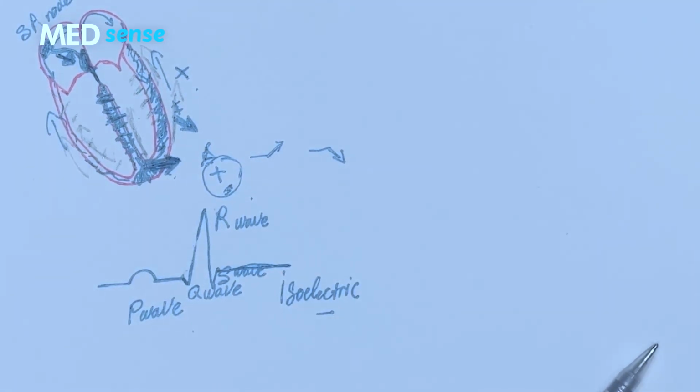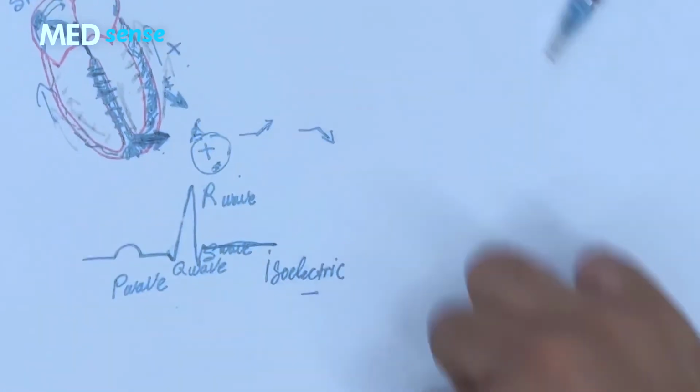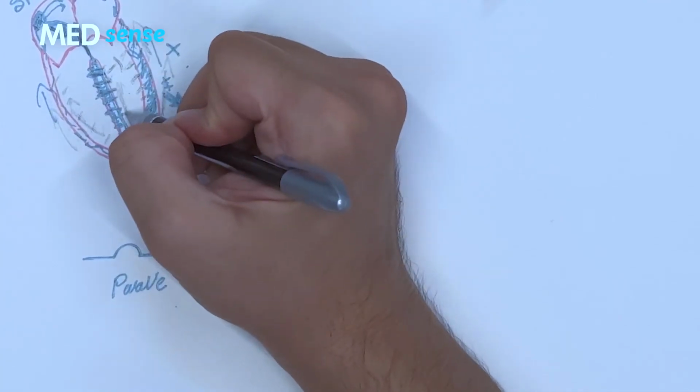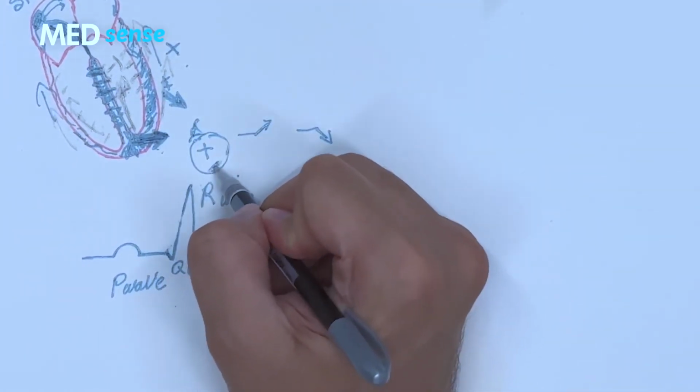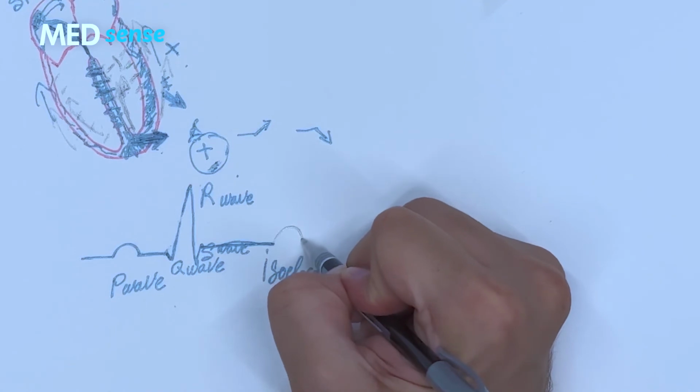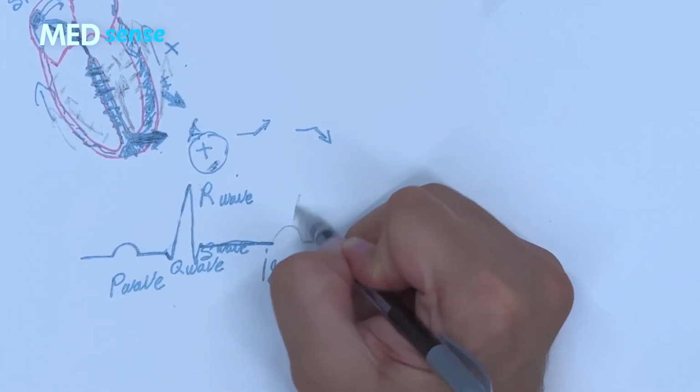Now we have two opposites. We have a negative current instead of a positive electric current, and it is moving away from it instead of towards it. Because of these two opposites, ECG will interpret this as a positive or upward deflection. We call it T wave.